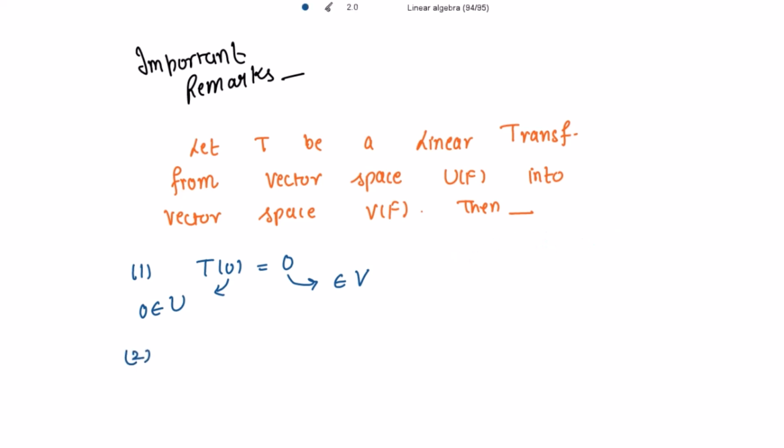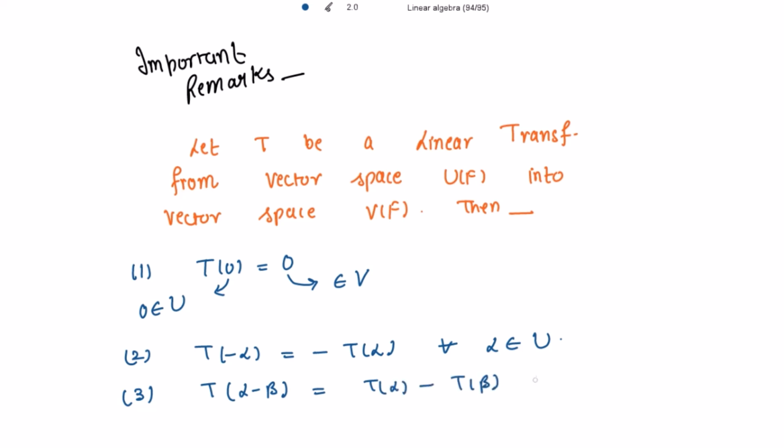Second point: T of minus alpha is equal to minus of T alpha for all alpha belonging to U. Third: T of alpha minus beta is equal to T of alpha minus T of beta for all alpha, beta belonging to U. These are all the results we have got from linear transformations.